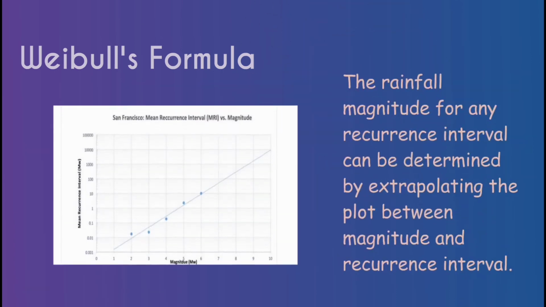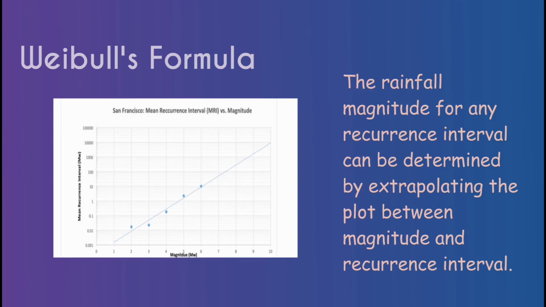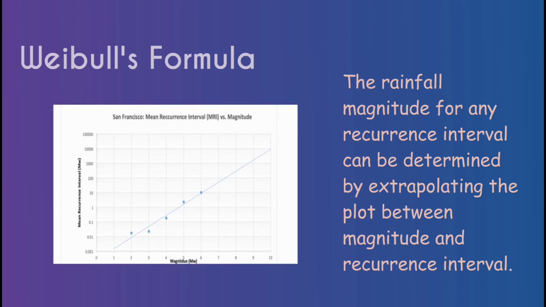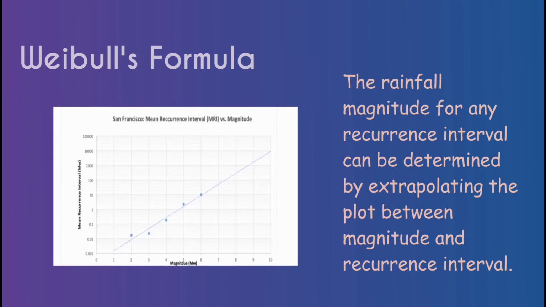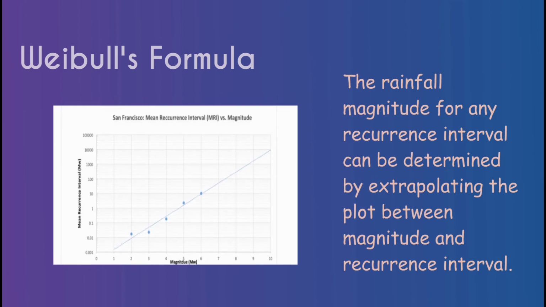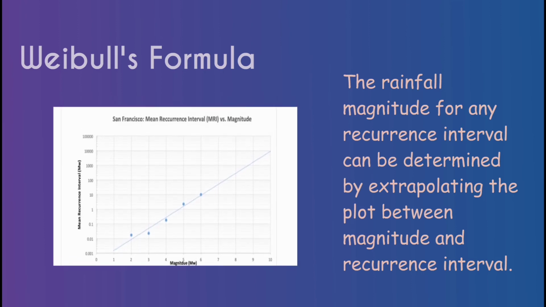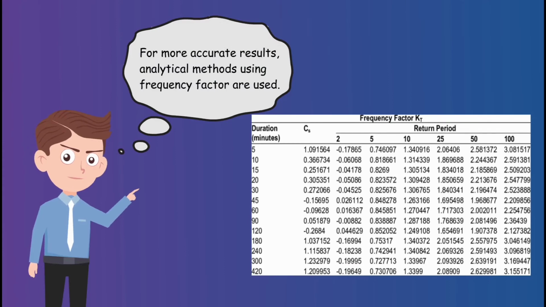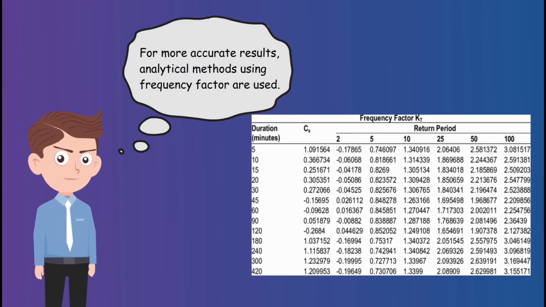The rainfall magnitude for any recurrence interval can be determined by extrapolating the plot between magnitude and recurrence interval. Empirical procedures can give good results for small extrapolations, but the errors increase with the amount of extrapolation. For more accurate results, analytical methods using frequency factor are used.